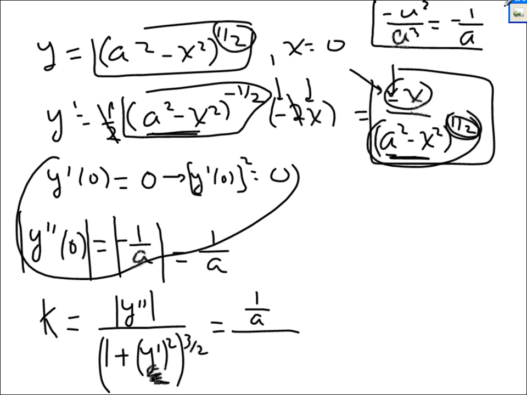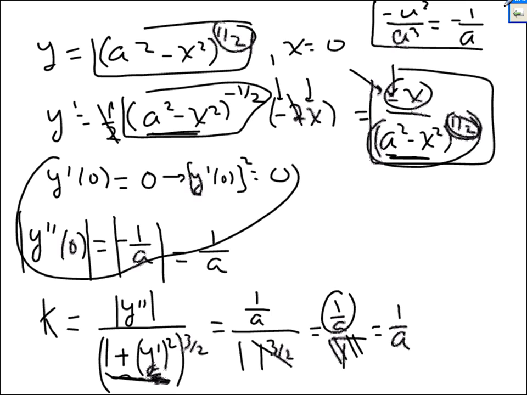Square is 0. So the bottom is 1 plus 0, which is 1 to the 3/2 power. For 1 to any power is just 1. And the rule for dividing by 1 is don't bother. So you just get what's on top, 1 over a. Which tells me that the radius, 1 over k, is the reciprocal of that, which is a. There is a nice problem.